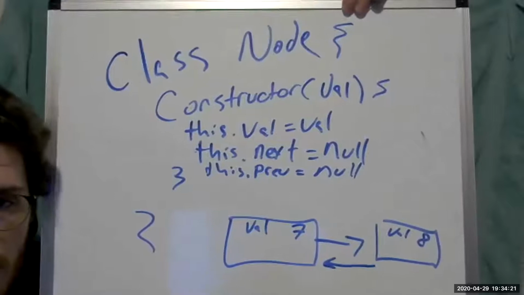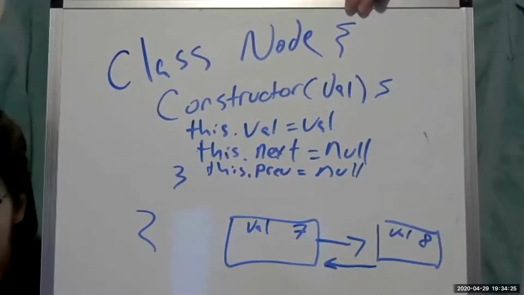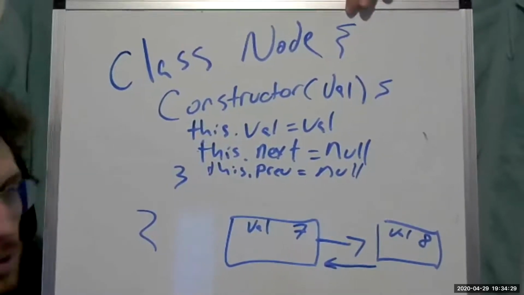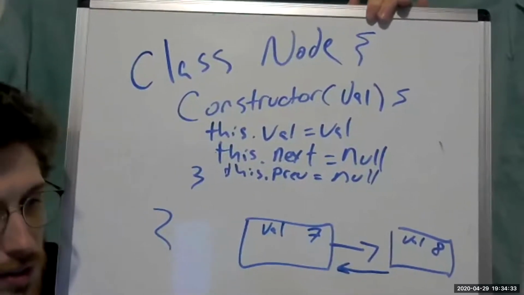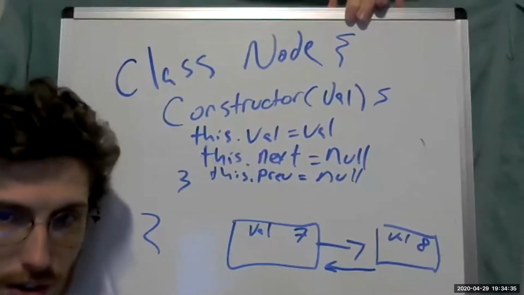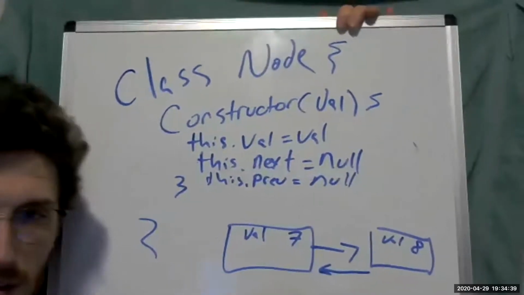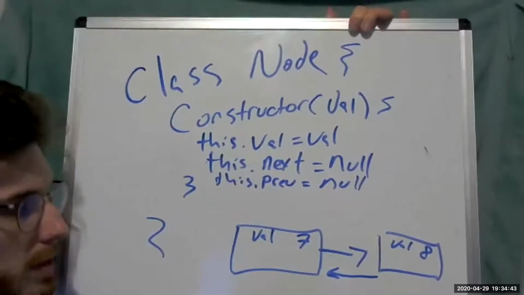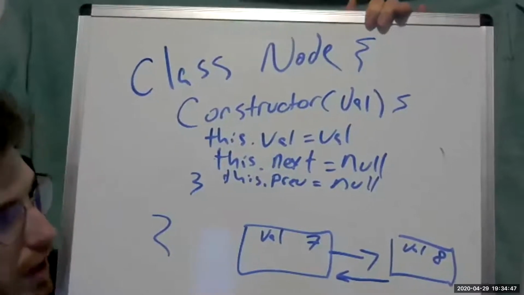You'll have heard in Hasib's videos that Sentinel nodes are helpful when making a linked list. That's when you've already given them a head and a tail, so that you don't have to worry about conditions of whether there's a head or not, and treat things differently. But it's not that hard if you do it the other way either. So this is our node.